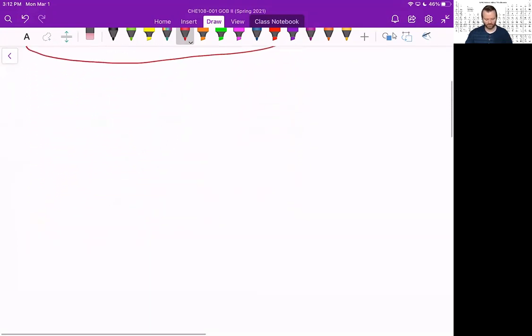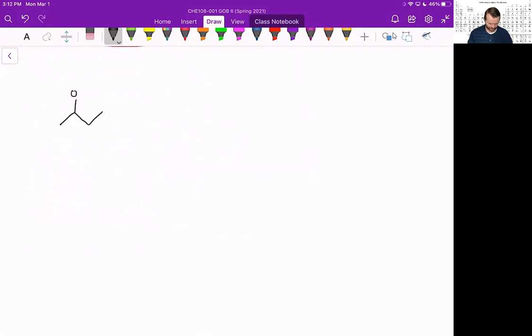But if you have an asymmetric alcohol, what I mean by that is you've got one carbon to the left of the carbon that I'm highlighting in red, and two carbons to the right. So it's asymmetric from that perspective.